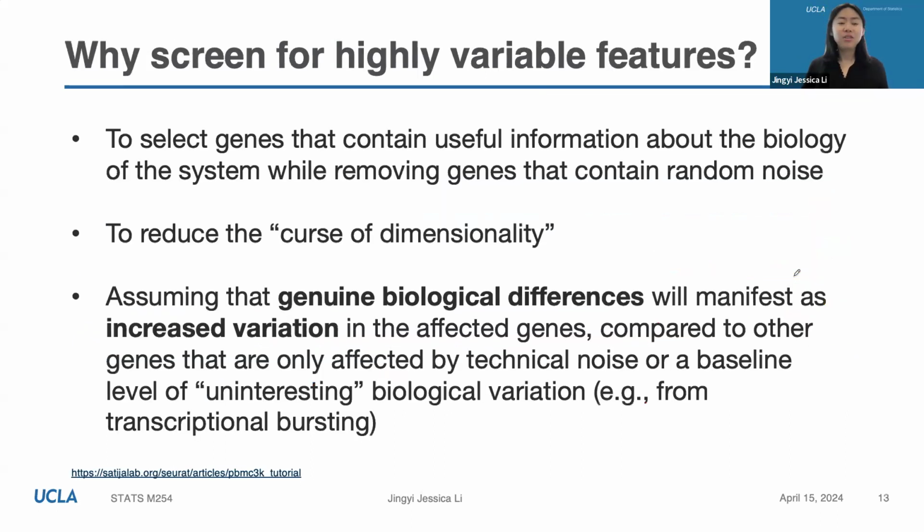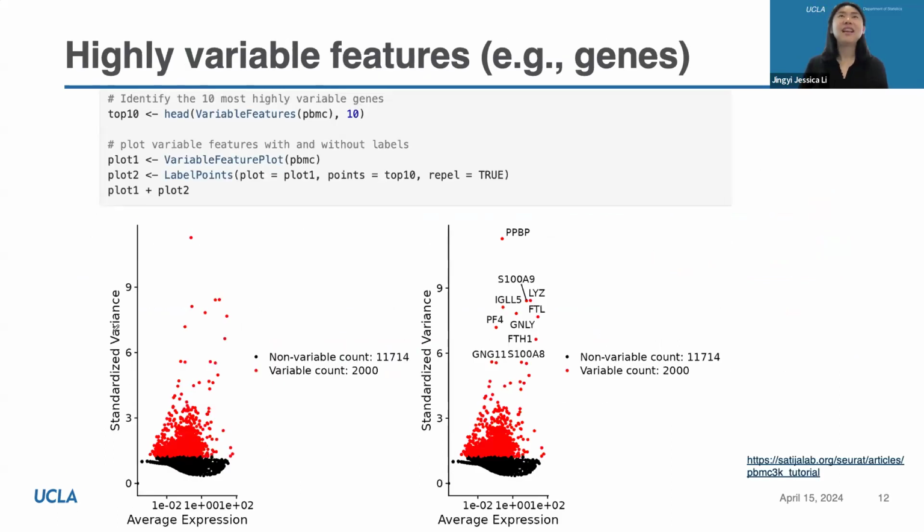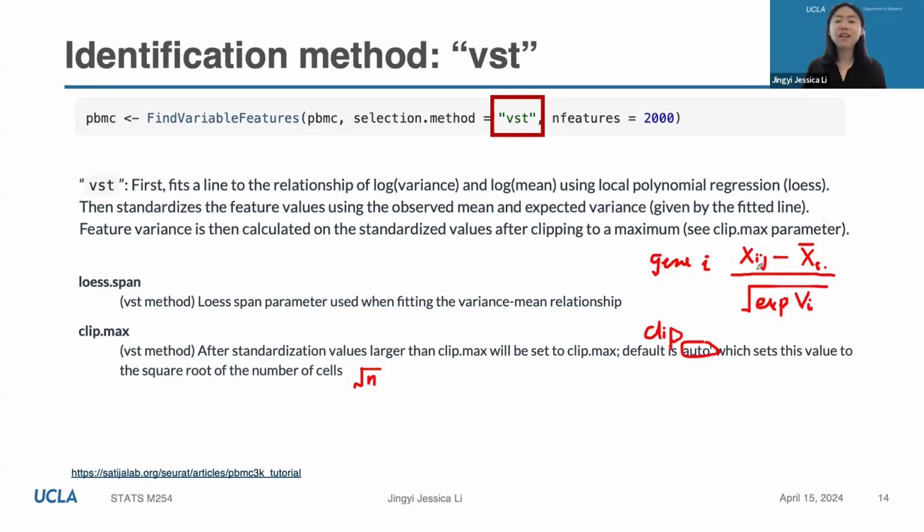And then you calculate the variance. That's called standardized variance. But essentially, the clipping is not happening on the standardized variance, but on the standardized values. Yeah, but the intuition is right.